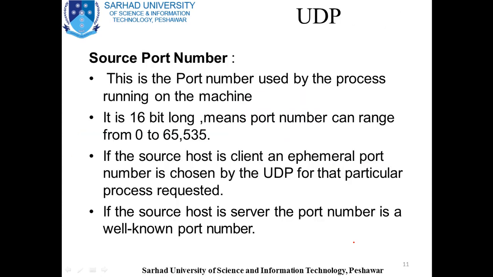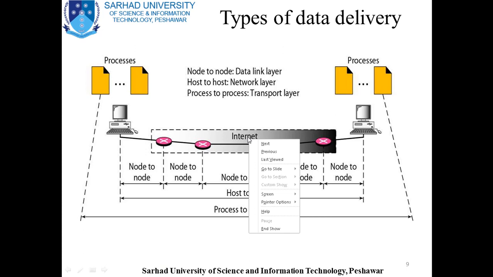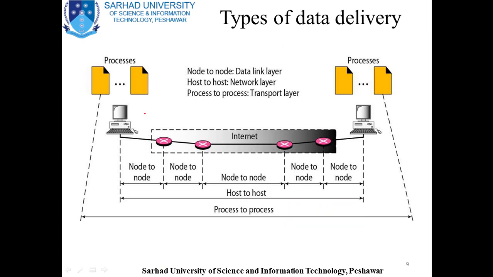Now, the UDP source port number is a port number used by the process running on the machine. As I showed you in the previous diagram, every process has different applications. Let's say this is your Facebook, and this is YouTube, on which you are accessing my video.